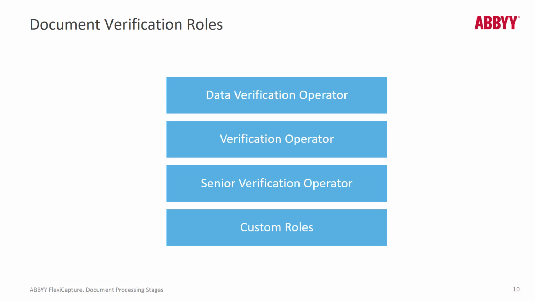A senior verification operator also can reroute batches or images within batches to other queues in an ad hoc manner. And then if I create custom queues, I can also create custom roles and assign them to those custom queues. Let's say I've got high value invoices. I can assign my power users to a specialized queue that only processes invoices that have a total over, say, $10,000.